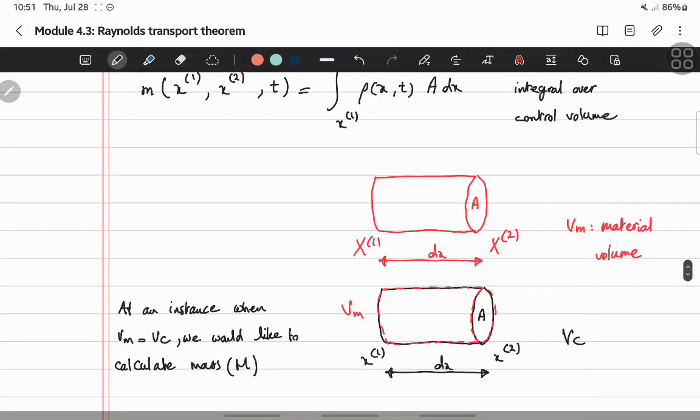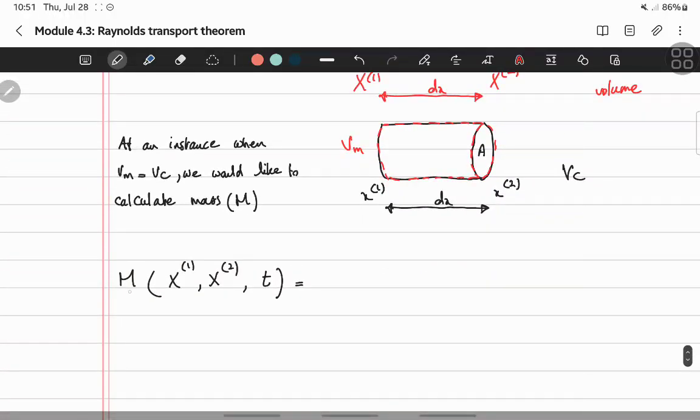But this one here, in the material volume, is a fixed one. So we have, for example, 3 particles or 3 molecules in here, and we are only studying these 3 molecules.